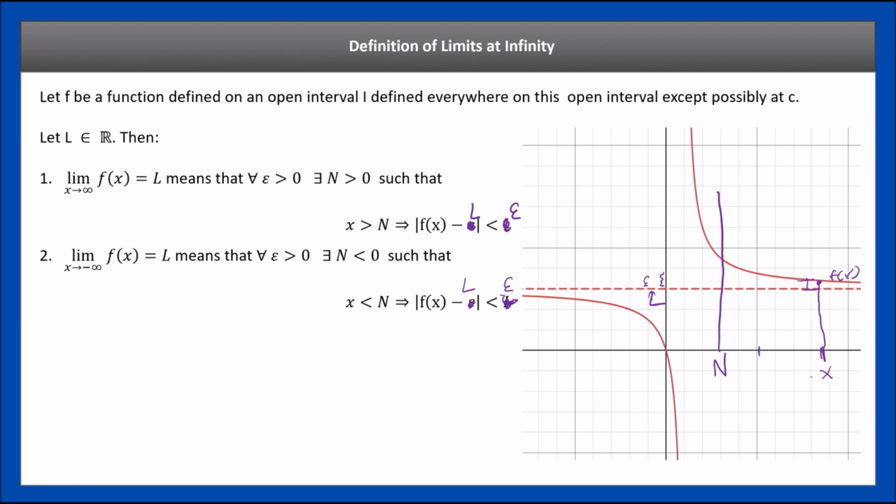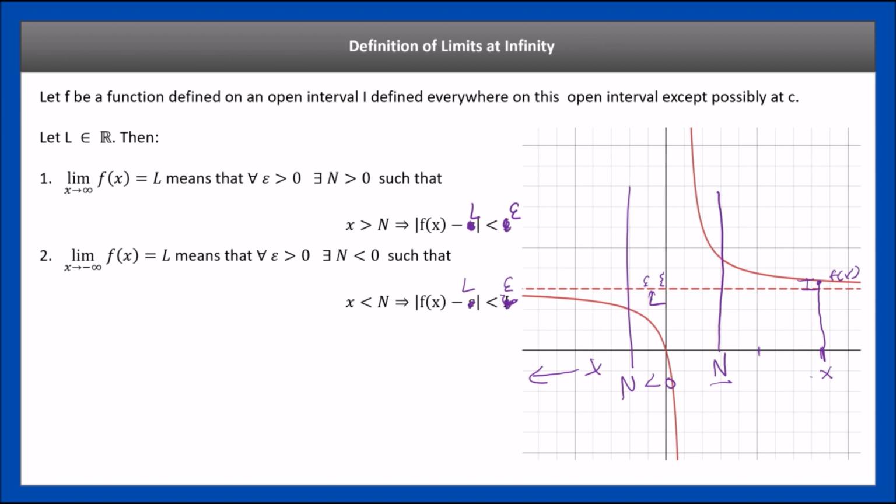So in this case, now we're going to look at every negative n. So let's look at some negative n. This is n less than 0. So let's say this is positive n, this is negative n, for example. It doesn't really matter. We can ignore the right side of the graph. So now x is here, and we're approaching negative infinity.